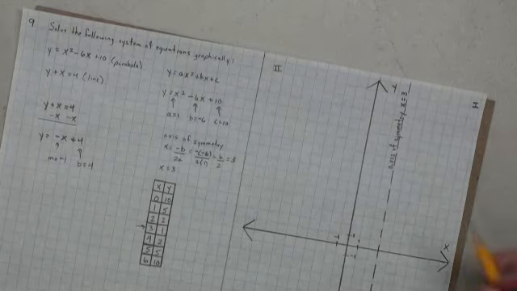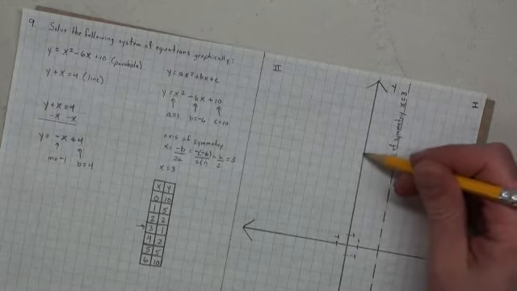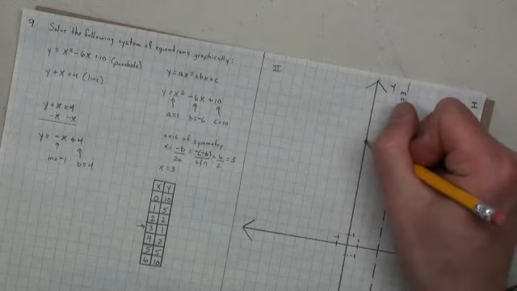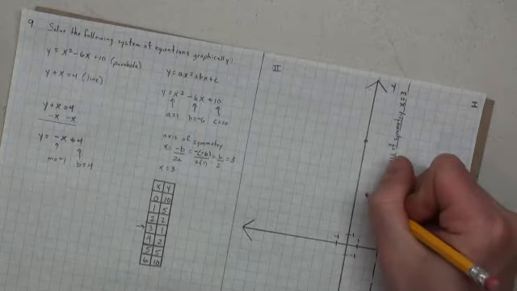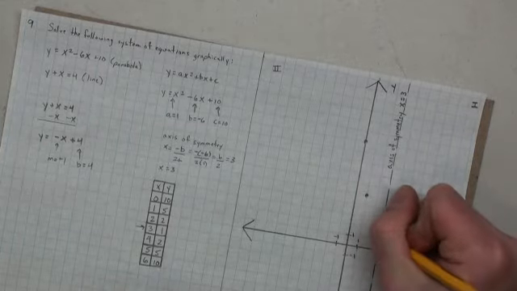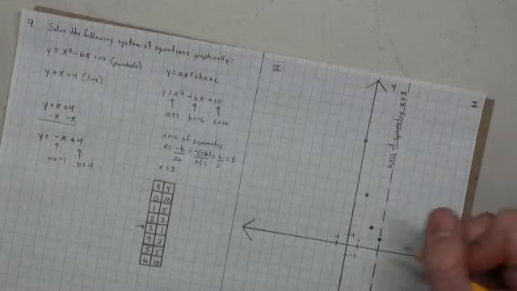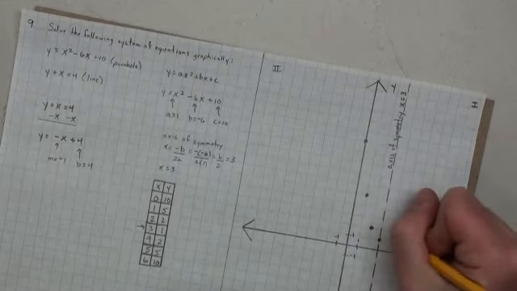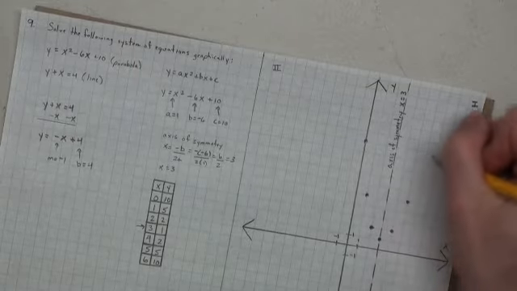Now the parabola: 0, 10. 1, 5. 2, 2. 3, 1. There's our turning point. 4, 2 goes back up, same distance from the axis of symmetry. 5, 5. 6, 10.